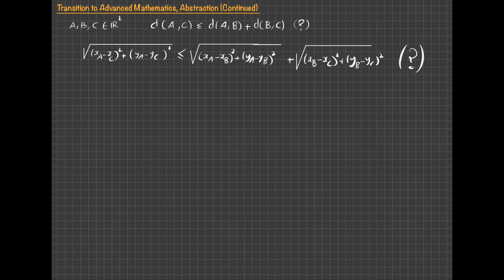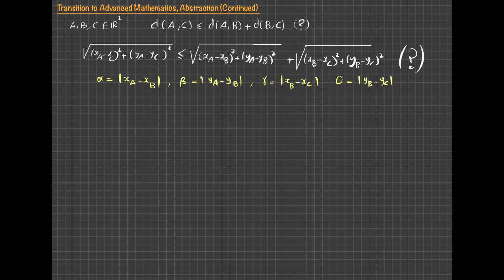Let alpha be the absolute value of x sub a minus x sub b. Then I introduce beta to be the absolute value of y sub a minus y sub b, and gamma to be the absolute value of x sub b minus x sub c. Finally, theta is the absolute value of y sub b minus y sub c.